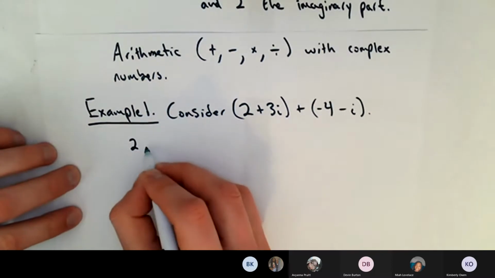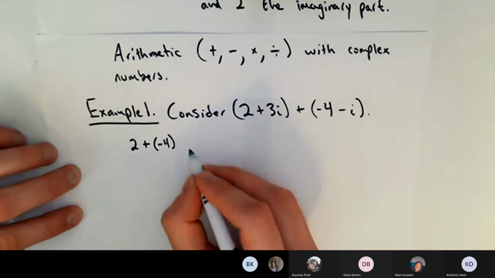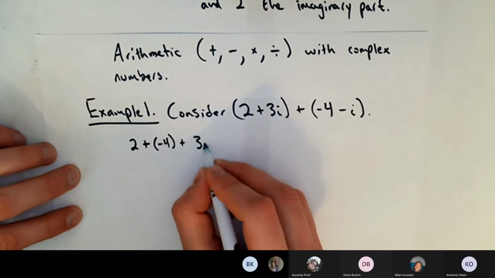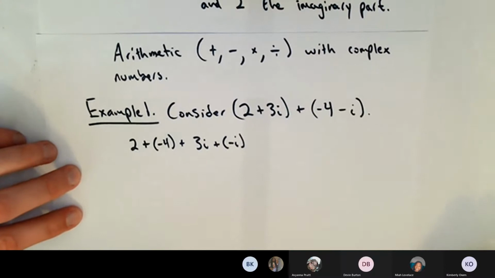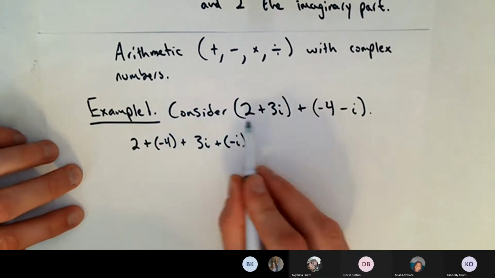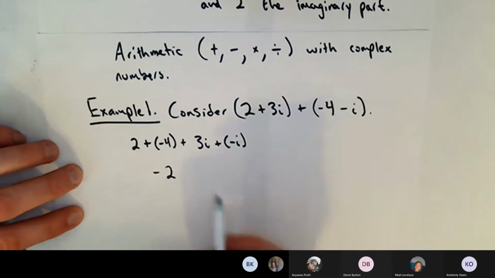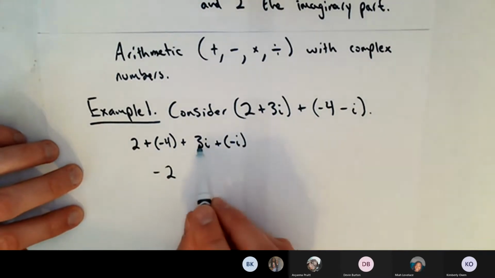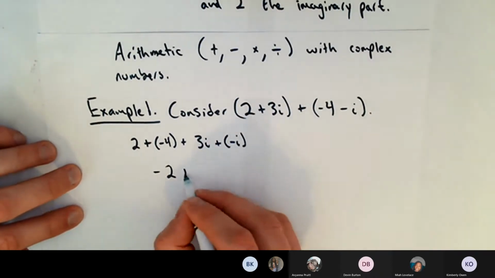We're going to add the real parts, so 2 plus -4, and then plus 3i plus that -1i. And that's going to give me the real part, so 2 plus -4 is -2. And then 3i plus -i, that's the same as 3 plus -1, because that's a -1i, right? 3 plus -1 is 2.